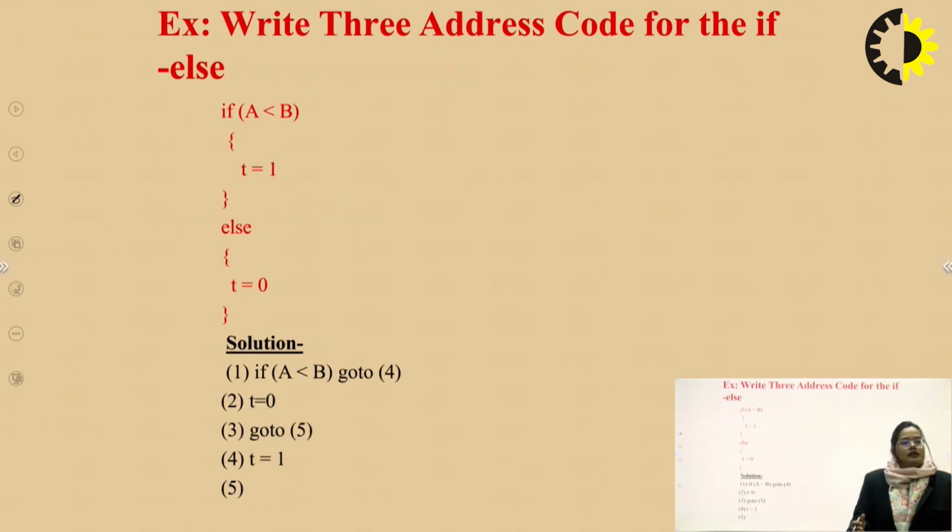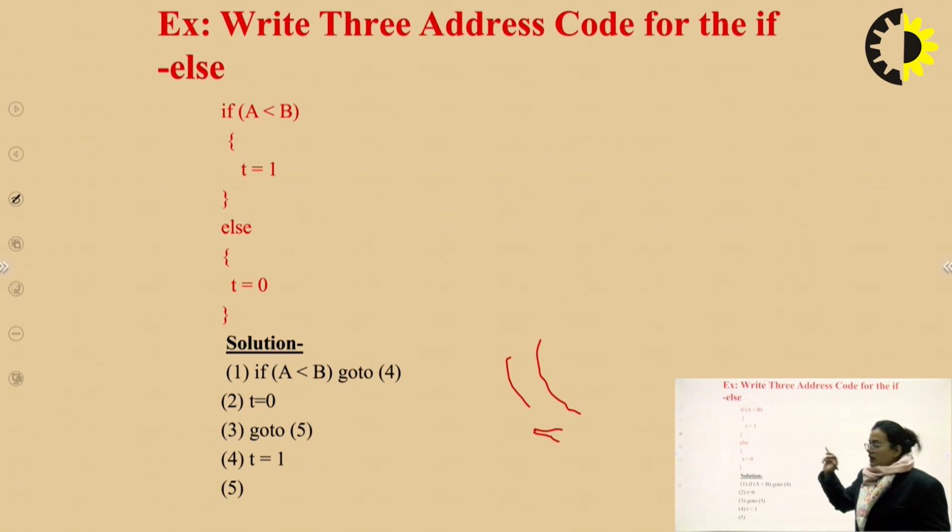Okay. And now we have to write three address statements for the if statement. If a is less than b, then we execute t = 1, otherwise we execute t = 0. Then we have to write three address statements for this code: if a is less than b, then go to 4.